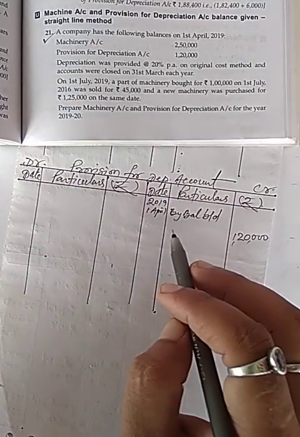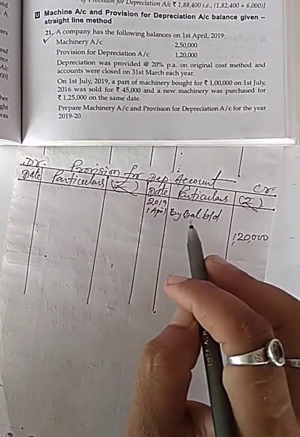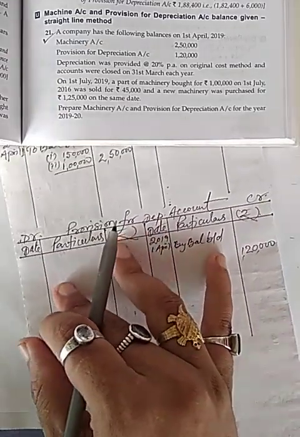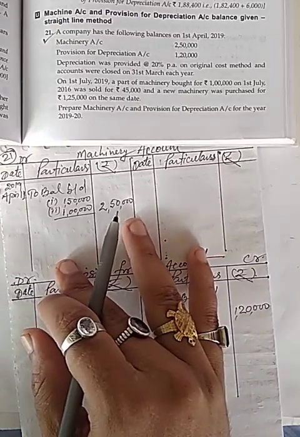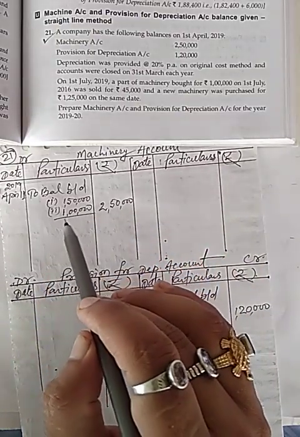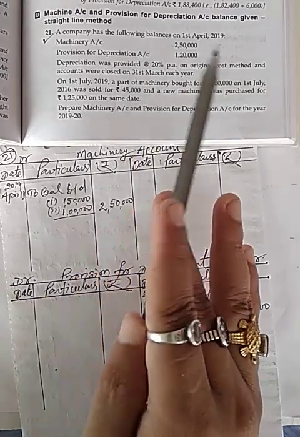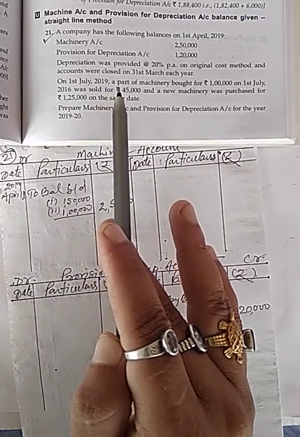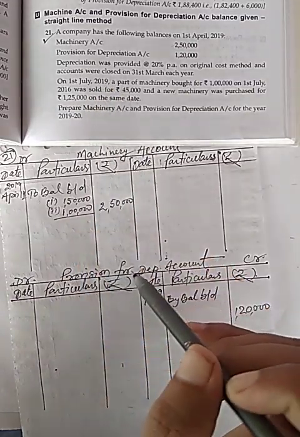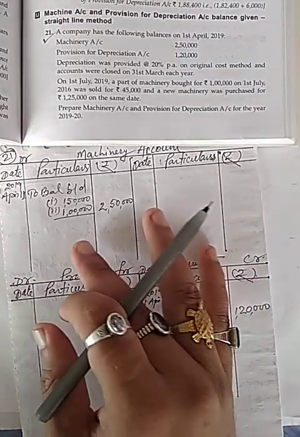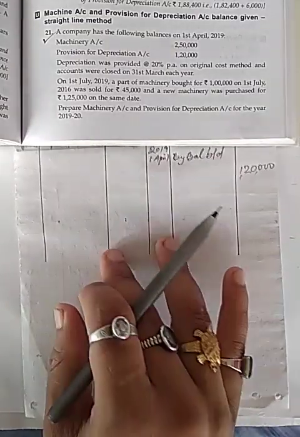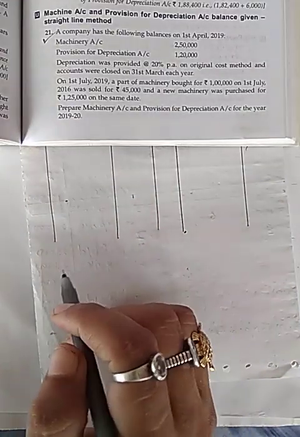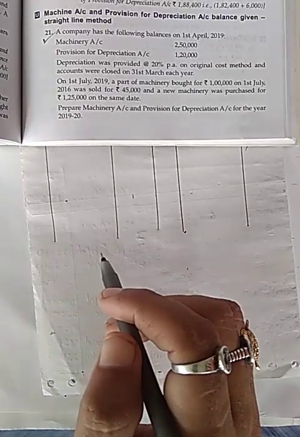So first we have to calculate the total amount of depreciation on the machine which is sold on 1st July 2019. So let us calculate depreciation on that machine which is sold on 1st July 2019.